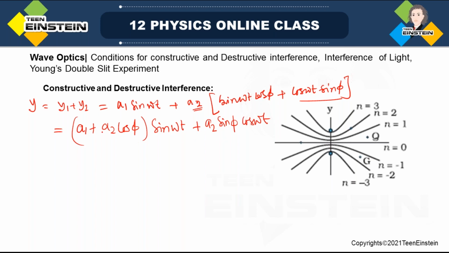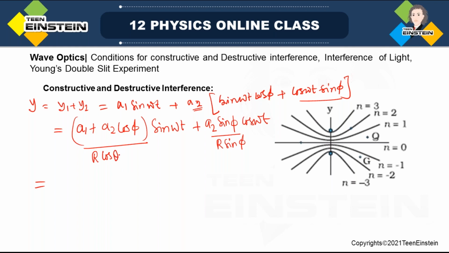So look here, the same identity I can use. If I write a1 plus a2 cos phi as r cos phi, and let us take a2 sin phi as r sin phi. Let us not take phi again, let us take theta.